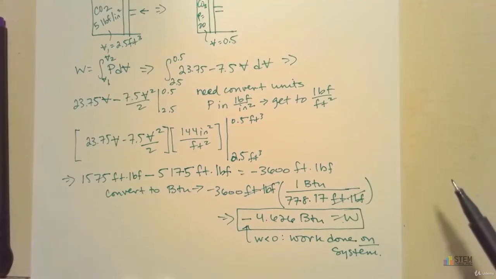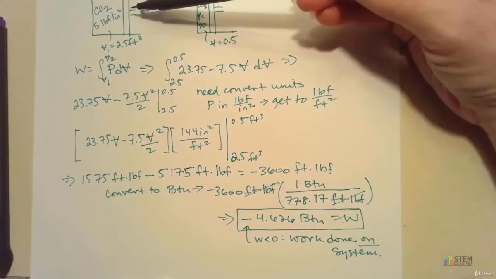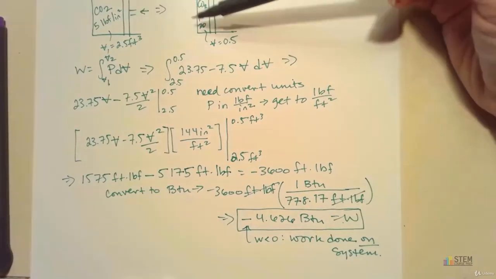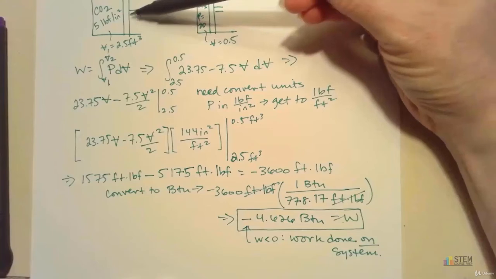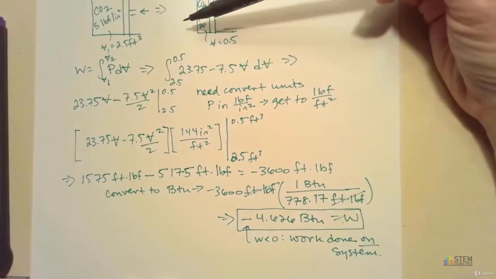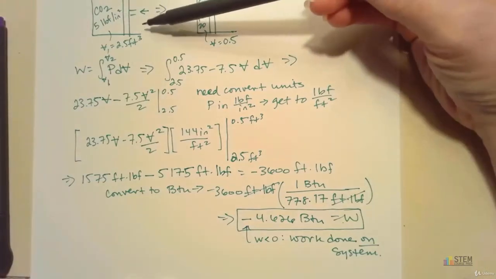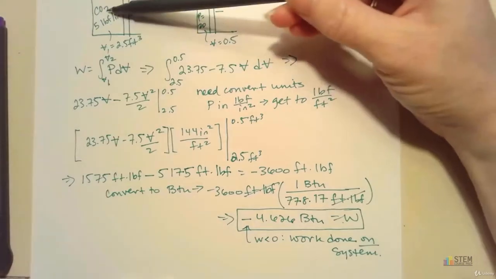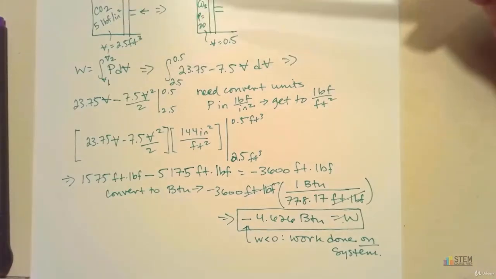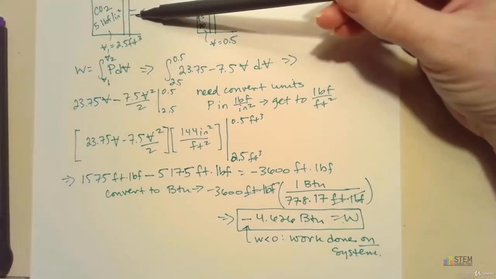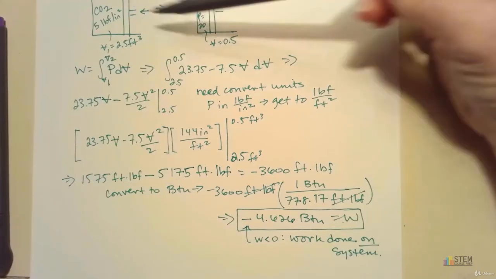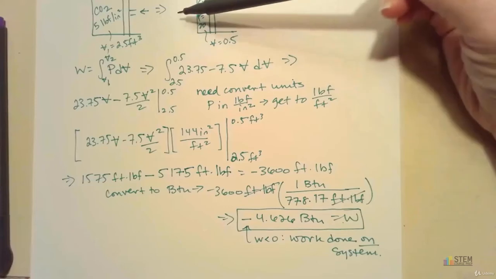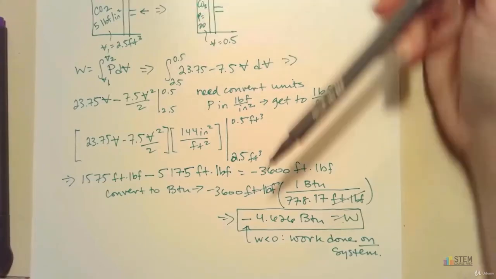Now let's think about what that means. If we look up at our picture that we drew, we already know from looking at this, since the volume is being reduced, we know something is pushing the piston to the left. Right? So something is causing that piston to move. Now this system itself is not generating any sort of energy that would make this piston move to the left. Okay, so it has to have some sort of external energy source that's causing that motion.